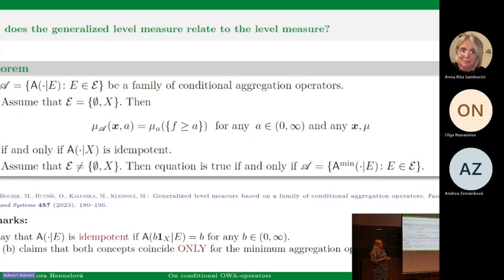But if we don't have a trivial collection, the equation is true for any vector and any fuzzy measure if and only if we have the minimum as the conditional aggregation operator. So part B claims that both concepts coincide only for the minimum aggregation operator.